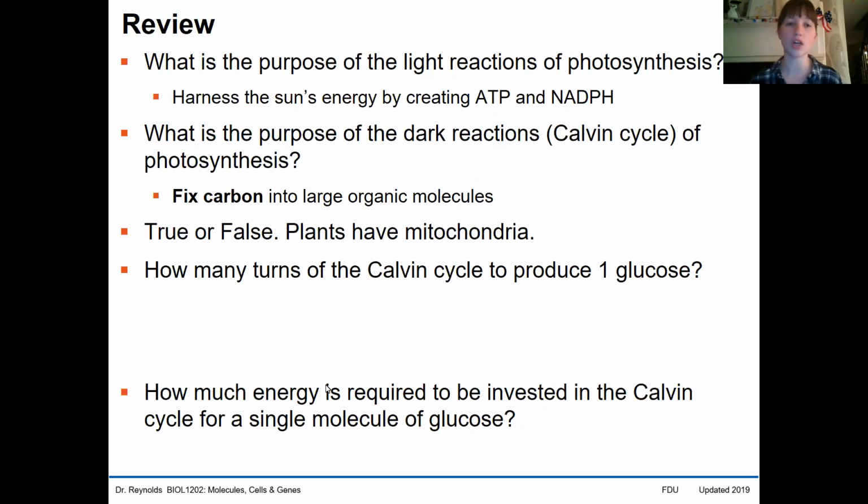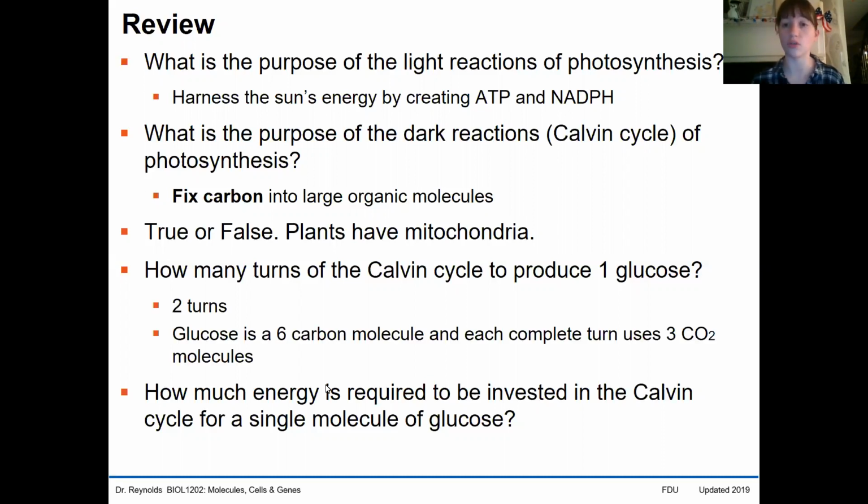Now, how many turns of the dark reactions, of that cycle, are necessary to produce 1 glucose? Well, recall that when we did glycolysis, you took a 6-carbon molecule and at one point broke it down into 2 3-carbon molecules known as G3P. The yield for 1 turn of the Calvin cycle is 1 G3P.